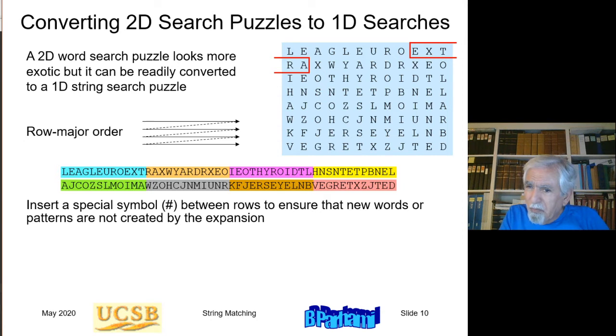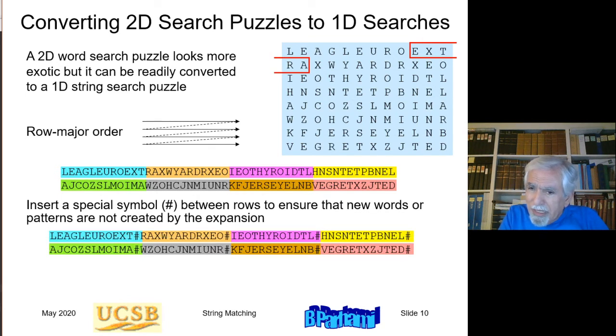So this 1D puzzle isn't quite equivalent to the original 2D puzzle because there's this chance of additional words appearing that start in one row and end in the next row, whereas that's not a valid word in the 2D search puzzle. But this is easily solved by inserting a special character at the end of each row to break that continuity from one row to the next row, and therefore this word extra no longer appears in this version of the puzzle.